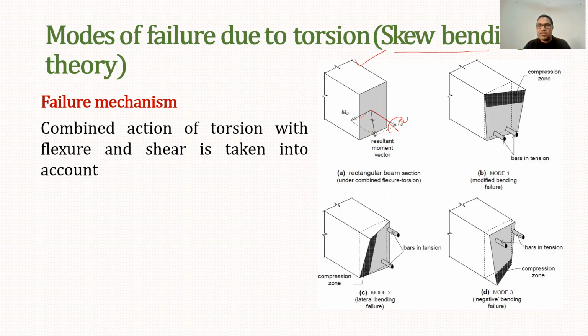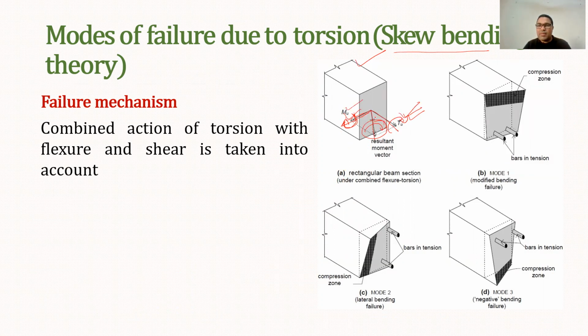Similarly, bending will occur along this direction. The resultant of this moment and this moment will act along this plane, and its magnitude depends on the magnitude of TU and MU.